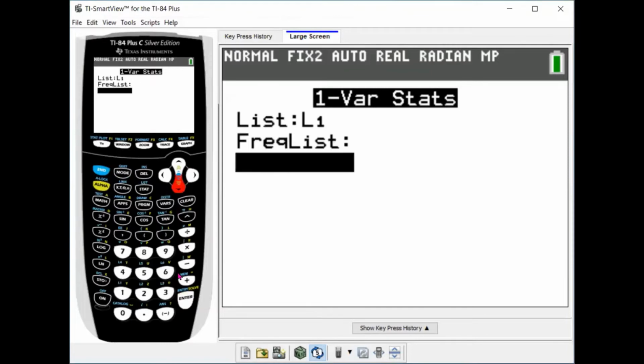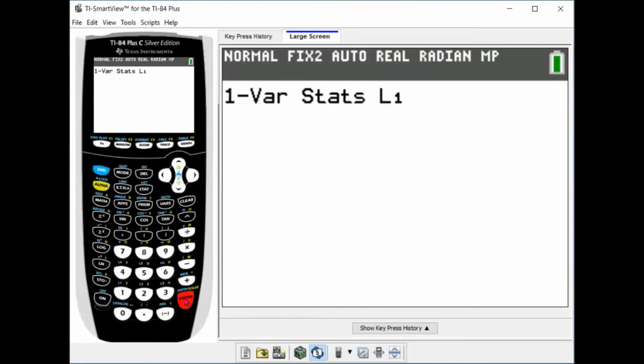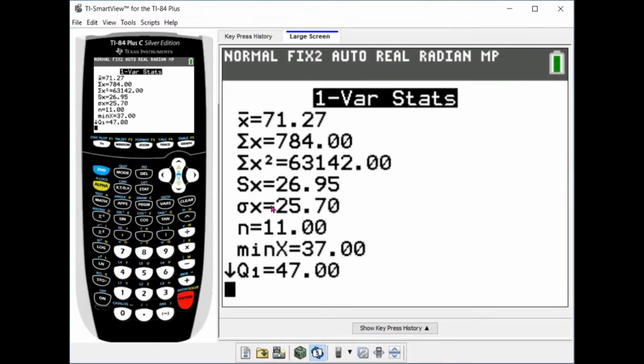We select calculate. Then you can see that the sample standard deviation is 26.95.